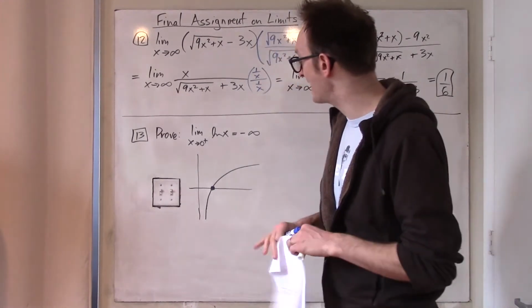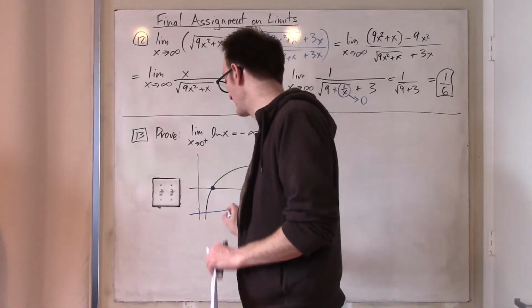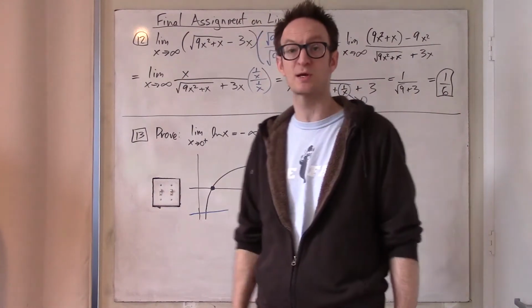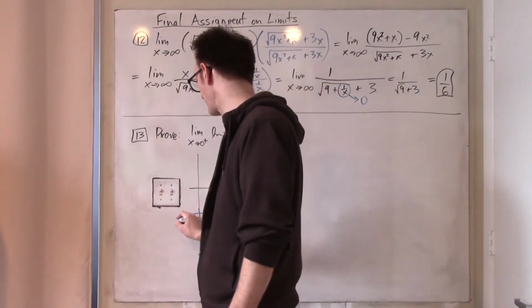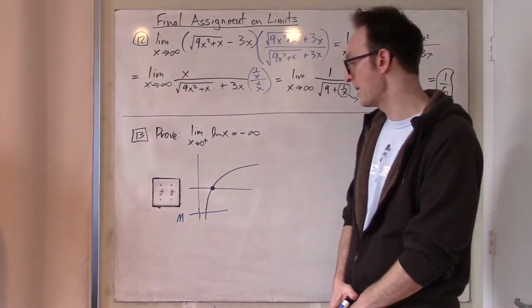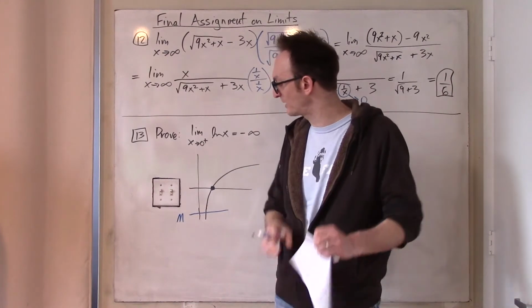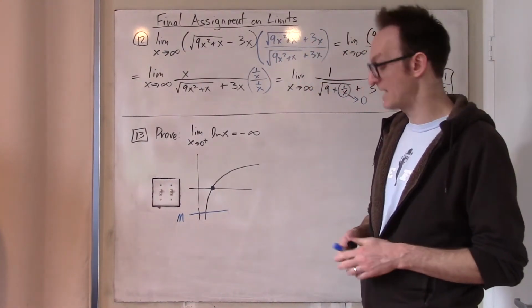And so given any challenge whatsoever, and what is that challenge? If you're saying this is going to negative infinity, then you're going to get challenged with a number like negative a million, right? That challenge comes in the form of a massively large negative number. I use m for massively large negative number. And what do I do to meet that challenge?